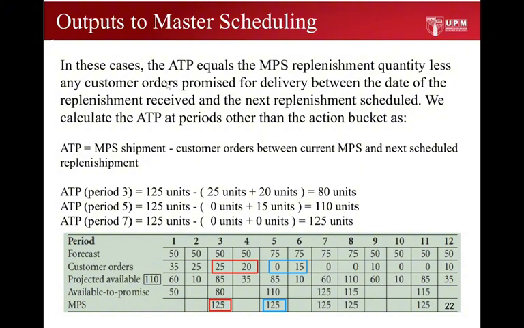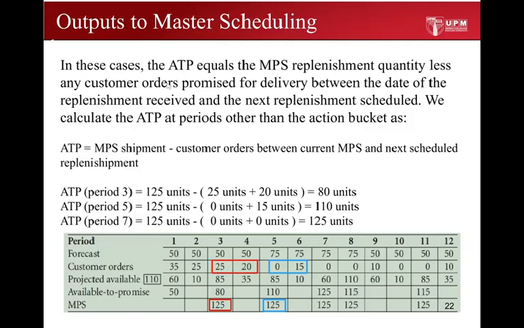The customer orders already promised for delivery before the next replenishment order in period 5 total 45 units: 25 units in period 3 and 20 units in period 4. Of those 125 units arriving, we have already committed 45, leaving 80 units still available to promise.